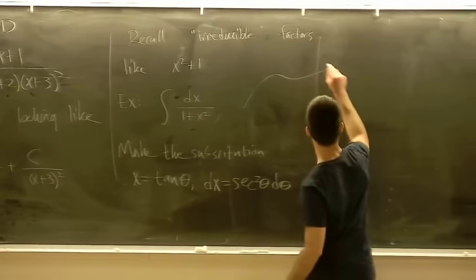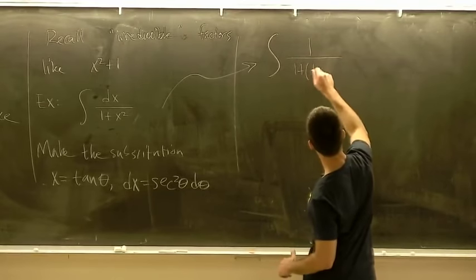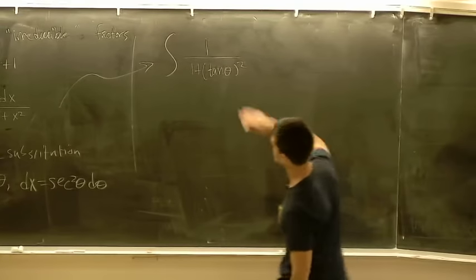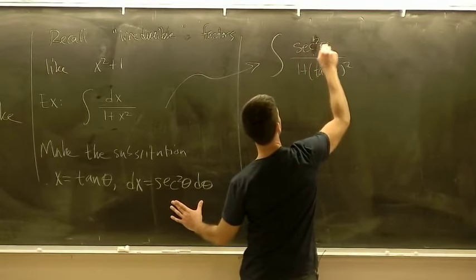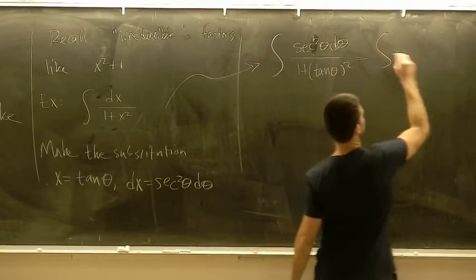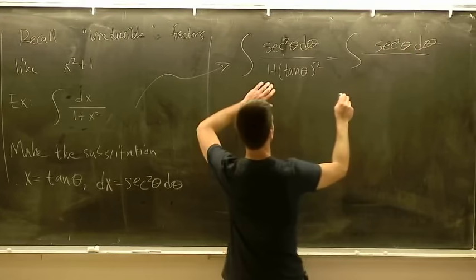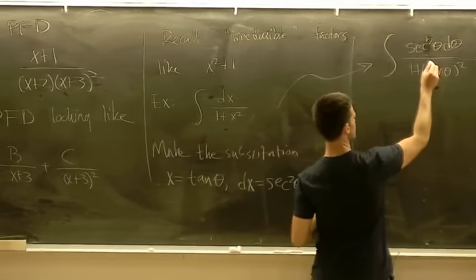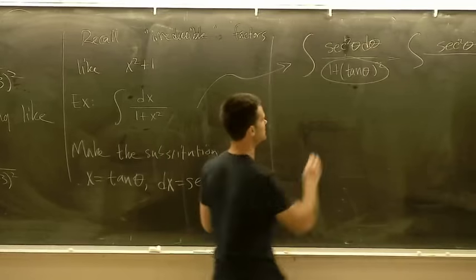And then this thing becomes the integral over 1 plus tan theta squared. And then on top, it's secant squared theta d theta. 1 plus tan squared. There's a trig identity. What's 1 plus tan squared? Secant squared.